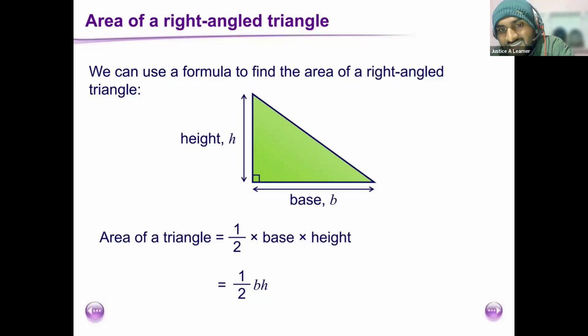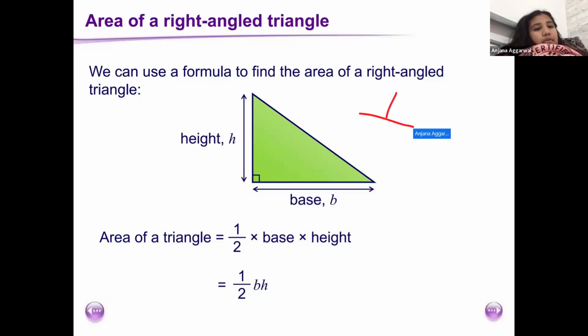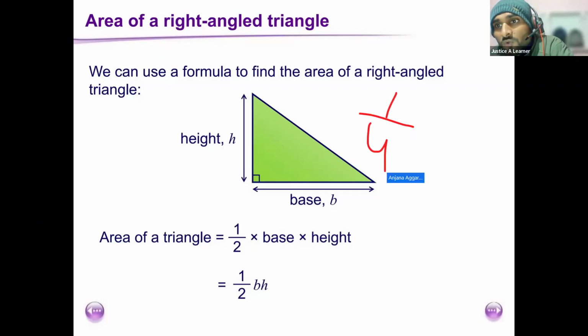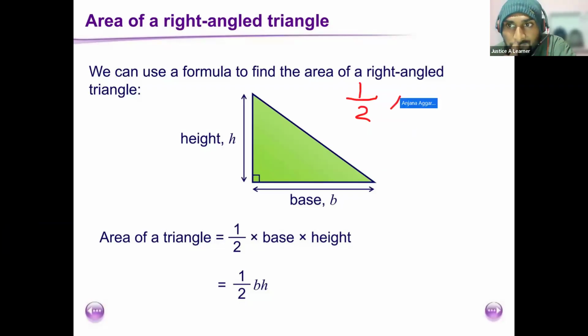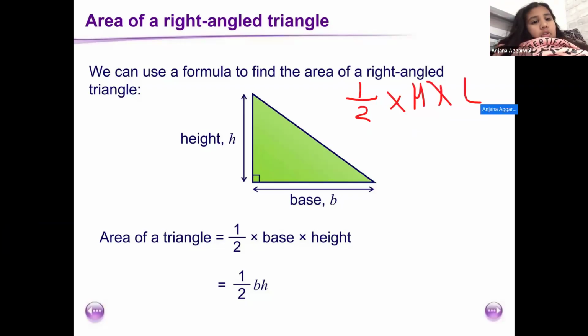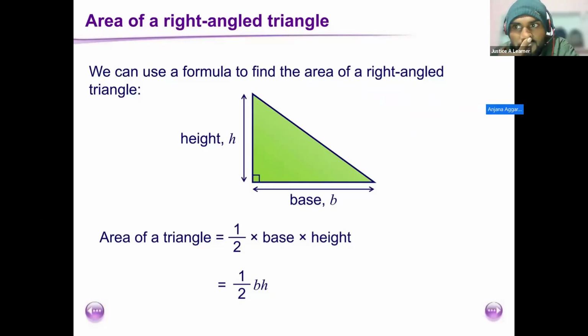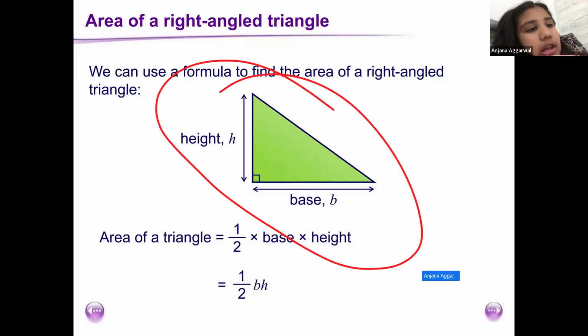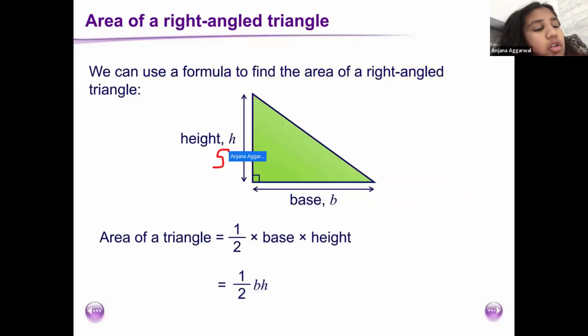Area of a triangle is half base into height, in the case of only a right angle triangle. Height into base or base into height, both are okay. If this was 5 and this was 8, the answer would have been 20.